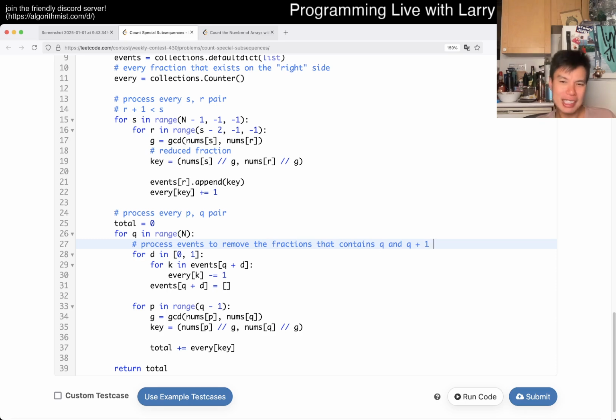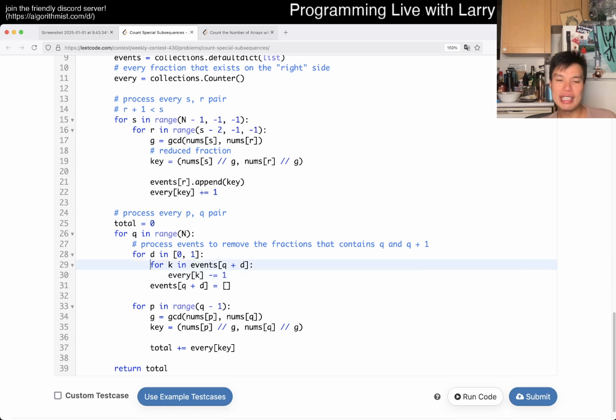Keeping in mind that as you sweep, you're only removing Q plus 1, so you only do Q once, but even if it doesn't, it's fine. You're only doing everything twice. It's a little bit slower, it's fine, right?